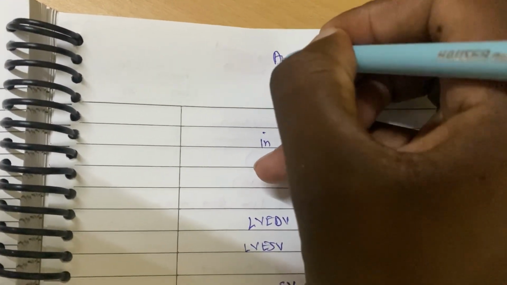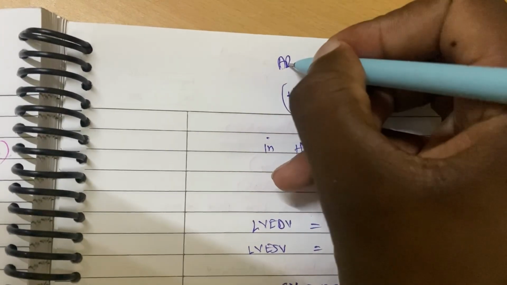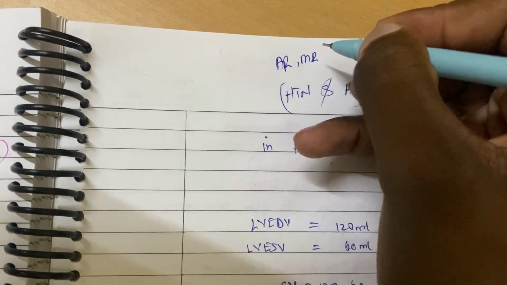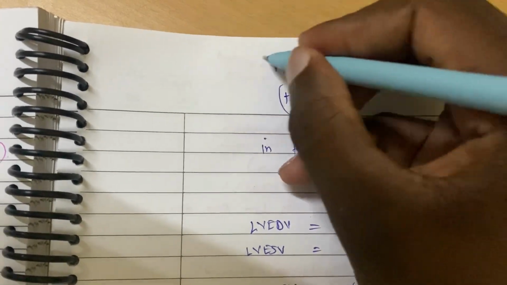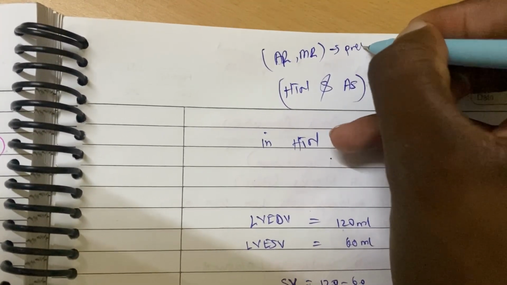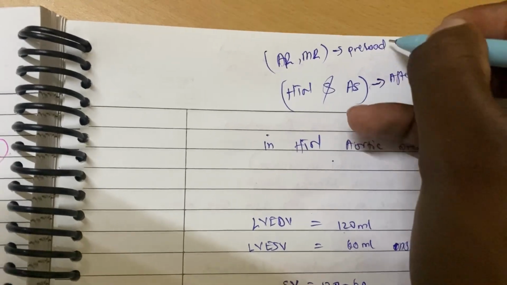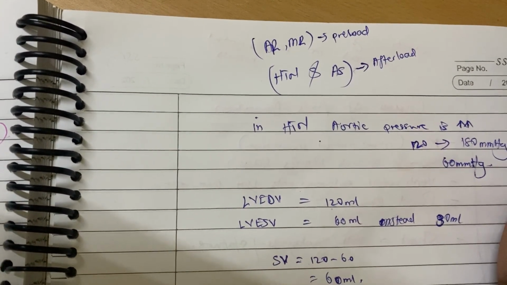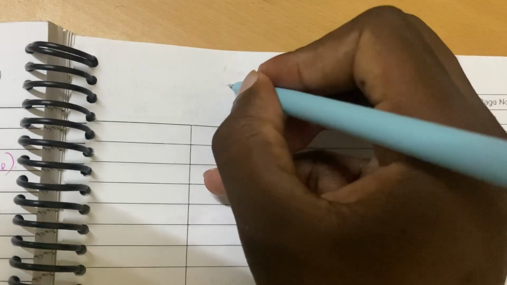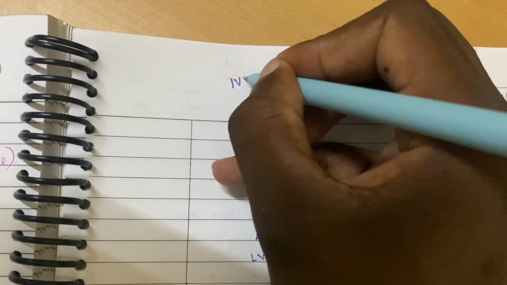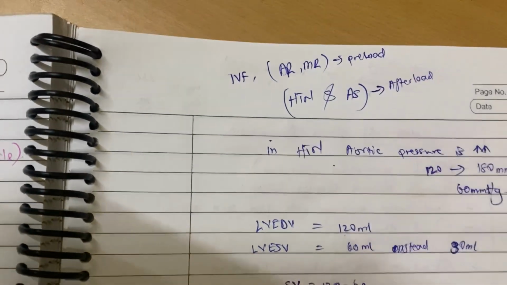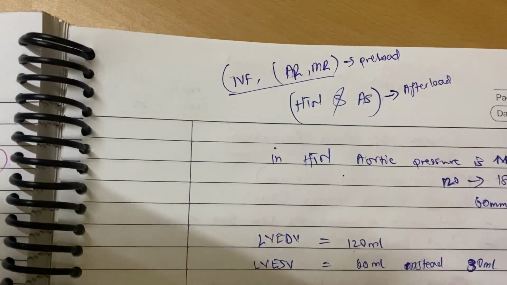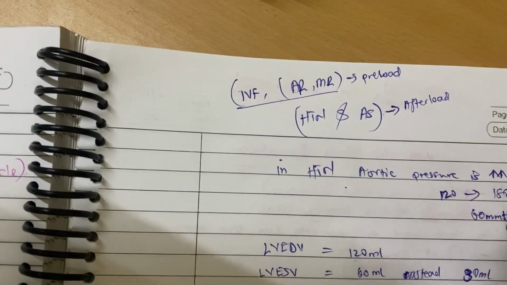Aortic regurgitation, AR, and mitral regurgitation, MR, contribute to preload. And then also IV fluids. Whether you're giving IV fluids or not, you're contributing to preload.